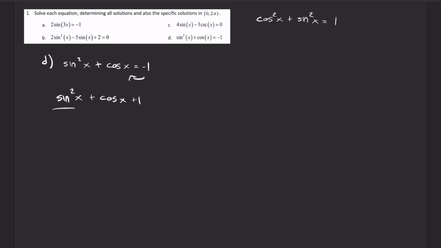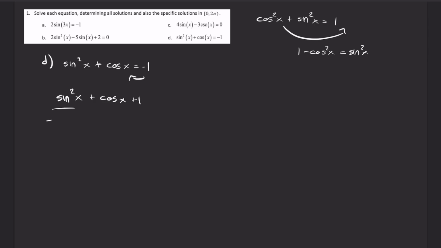So, we have a sine squared. So, let's get sine squared by itself, and we get 1 minus cosine squared x is equal to sine squared. So let's just replace that with this sine squared right here.